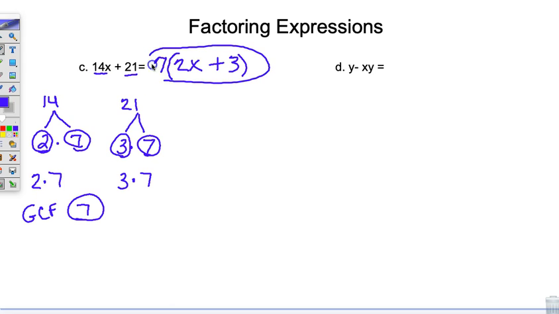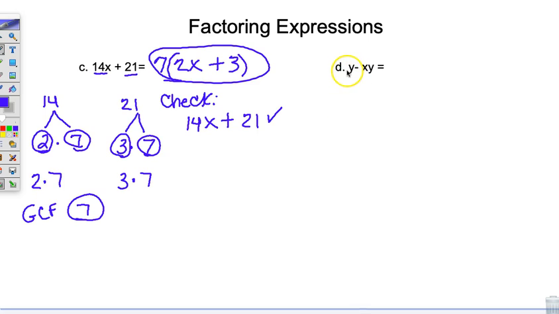So there's my final answer. I can, of course, go ahead and check it by applying distributive property. 7 times 2x is 14x. Keep the addition sign. 7 times 3 is 21, and that's exactly what I started with, so I know my answer is correct. Let's try example D.